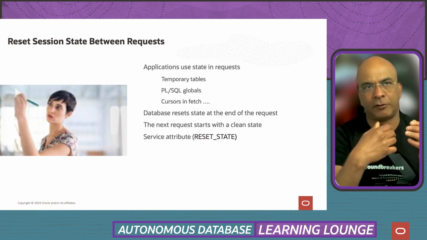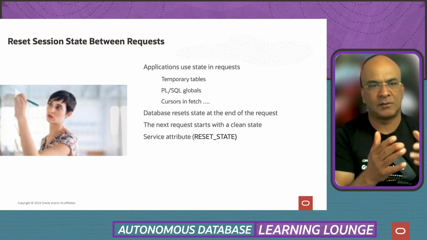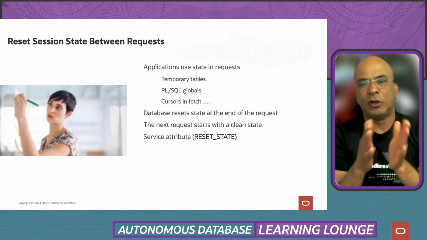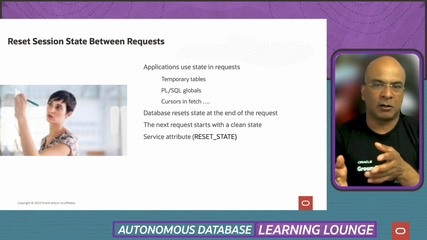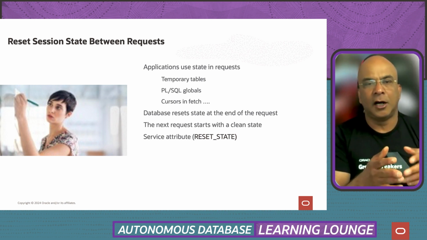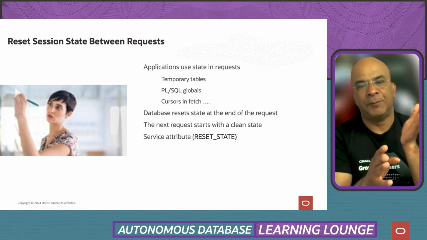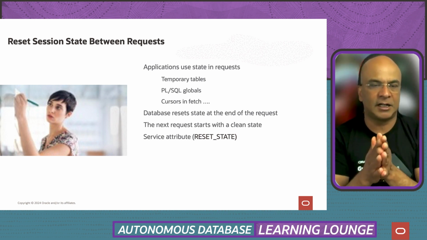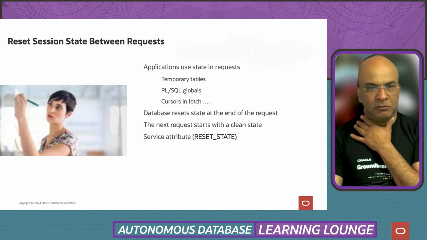So it's very hard for the database to maintain state. So what we want to make sure is that we reset state between requests. We don't want temporary tables that were changed for one session to be used in another one. So we automatically reset state, and there's a service attribute which you can set, and there's also a DBMS_APP procedure to do that.